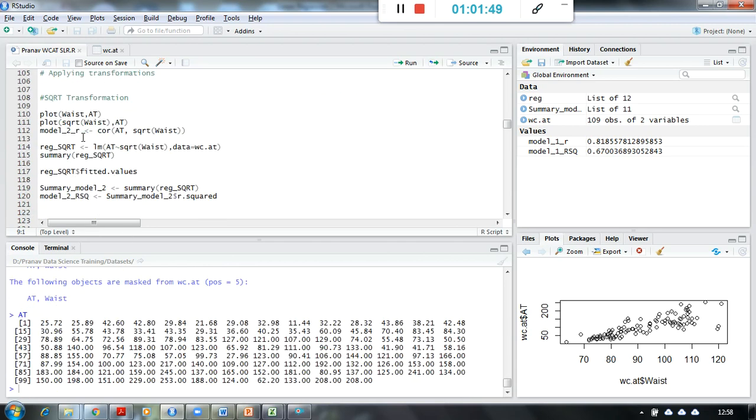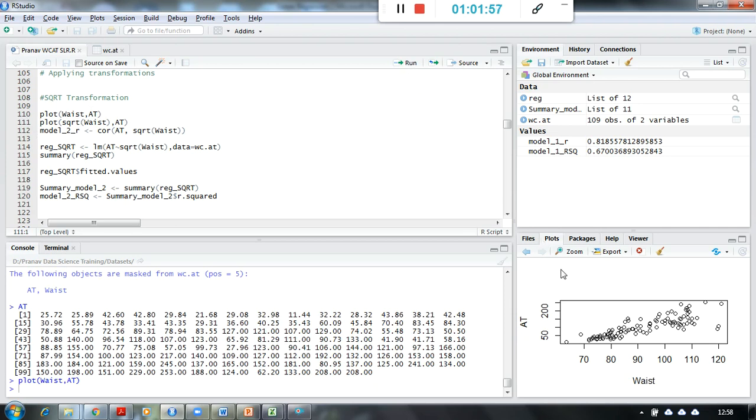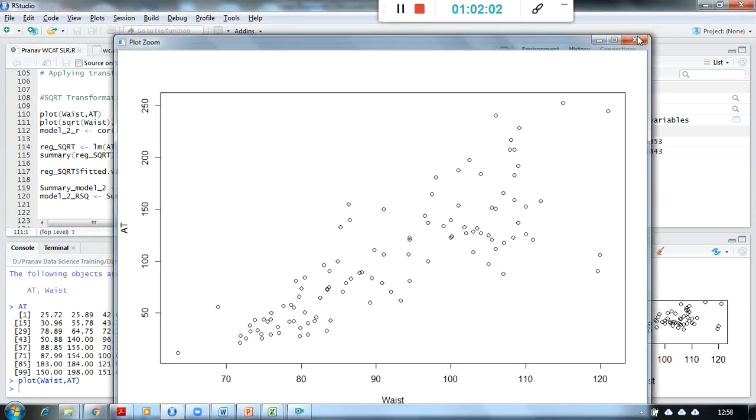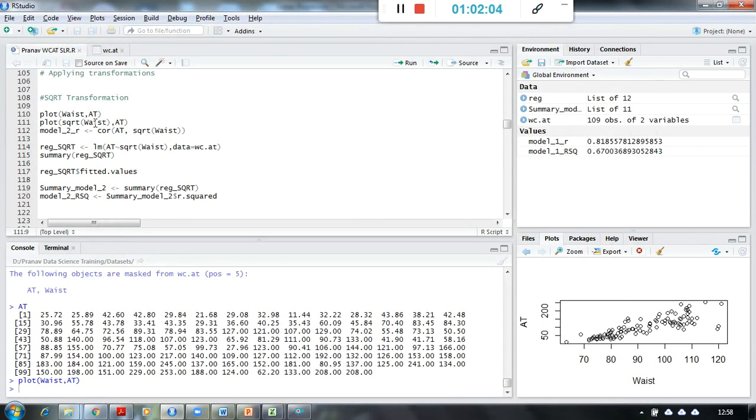Alright, so now let us see our first basic relationship between the waste and AT, and this was the plot which we have seen. Now I am going to transform my waste, which is my input, by taking the square root of it.